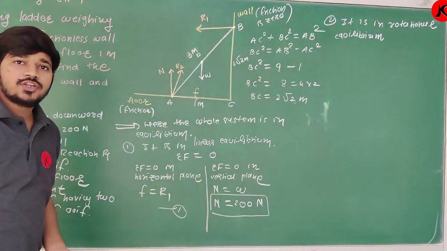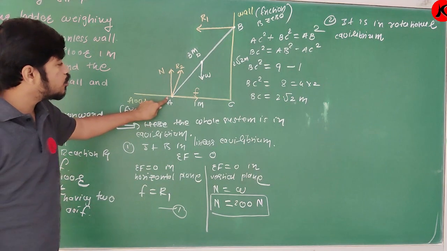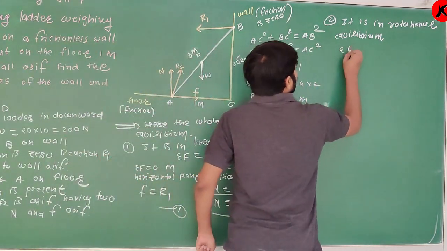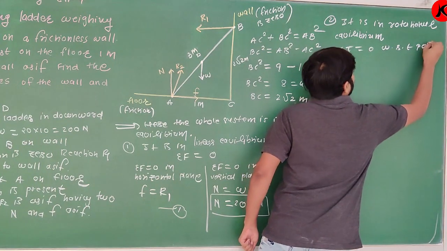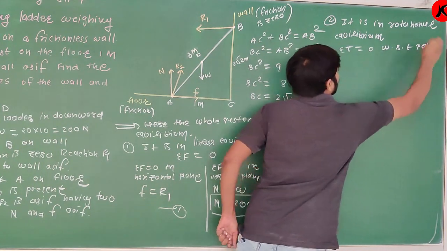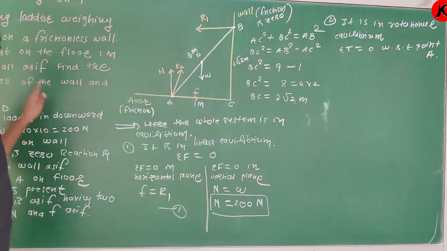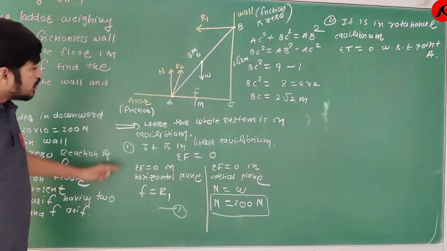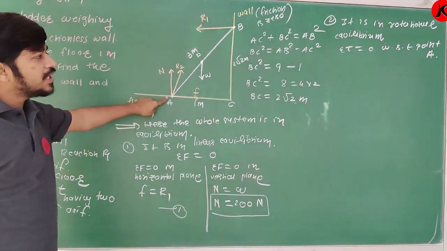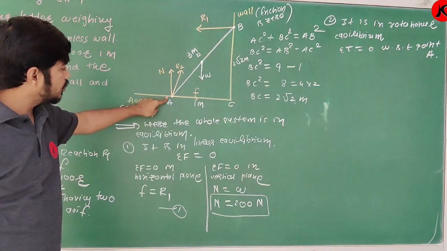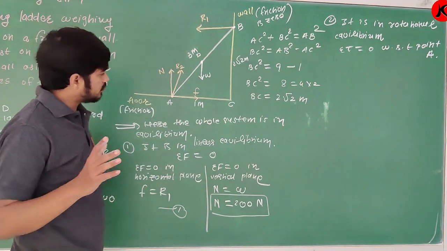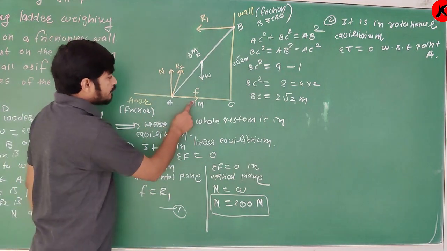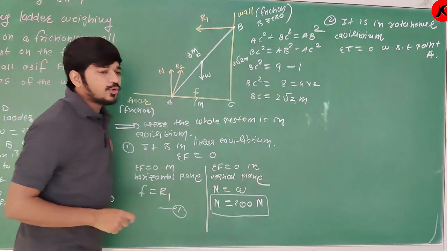So here I will take torque with respect to point A. Sigma tau is equal to 0 with respect to point A, because it rests on the floor. So about this point we have to take total torque 0. See here from the figure, some points are valid: F and N pass through point A itself.